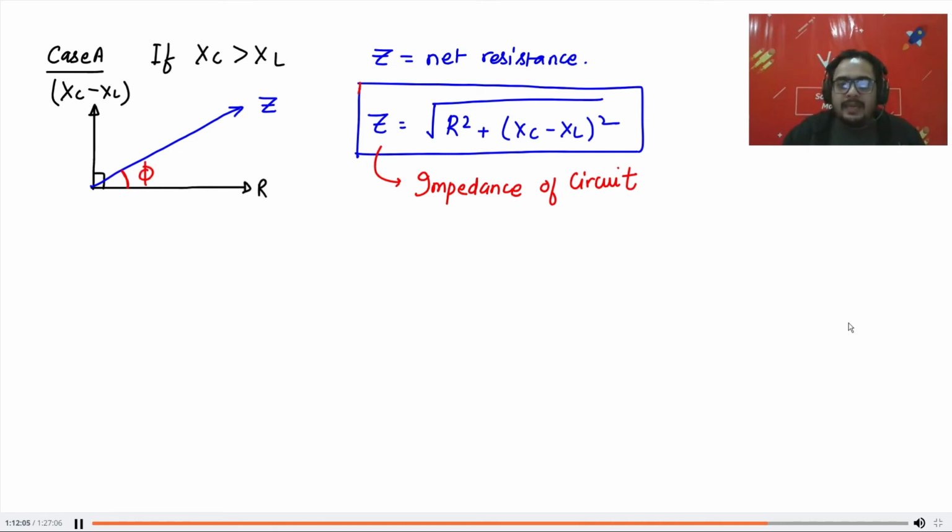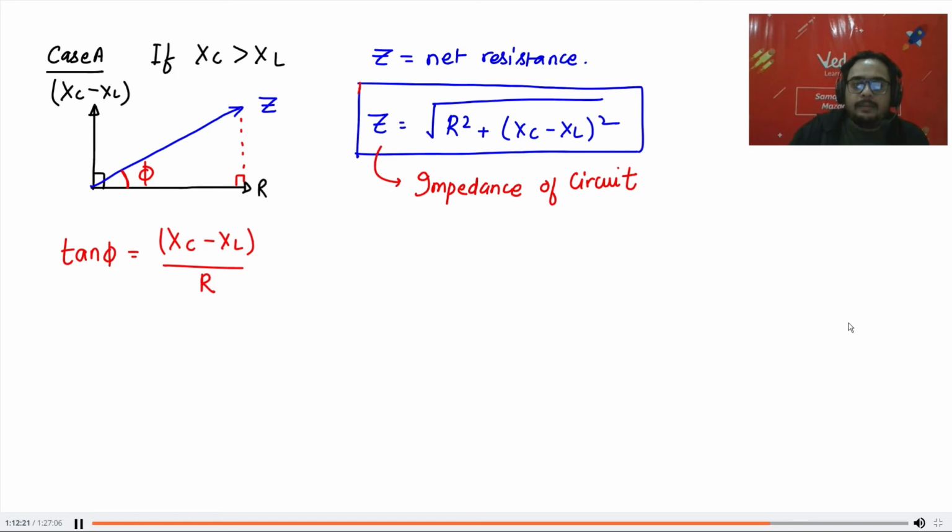This angle I say is phi. So can I write tan phi? Can I write tan phi? Perpendicular by base. So perpendicular is XC minus XL, base is R. Is that clear to everyone? Now just tell me one thing.